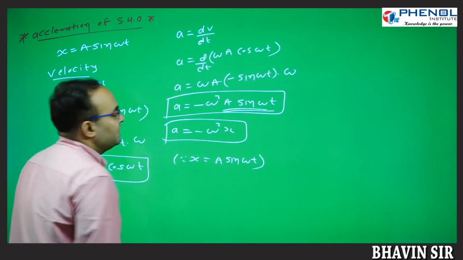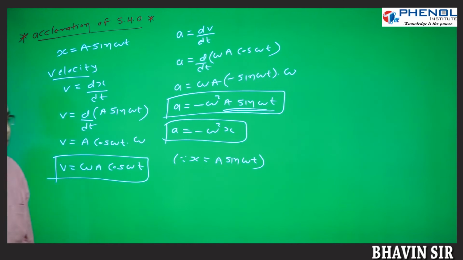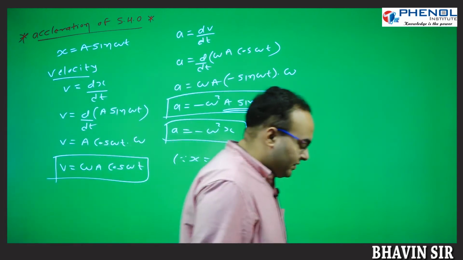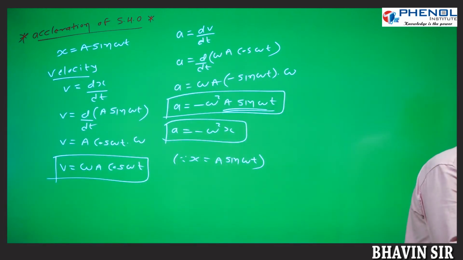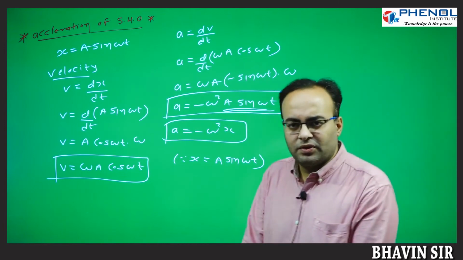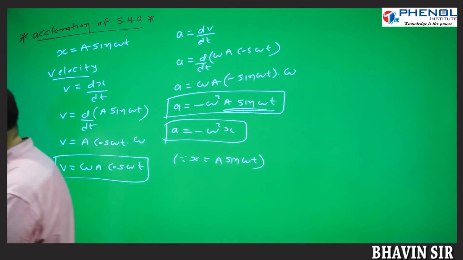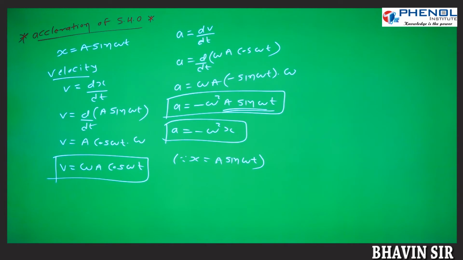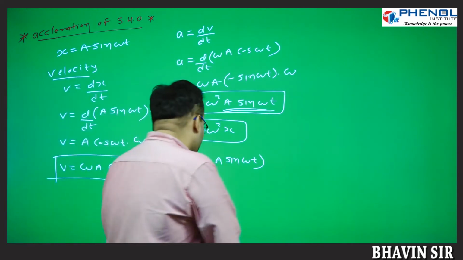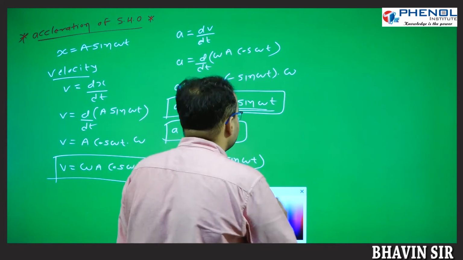So this is the acceleration of SHM. What is the acceleration of SHO? Minus omega square x. So now again we take 3 cases.